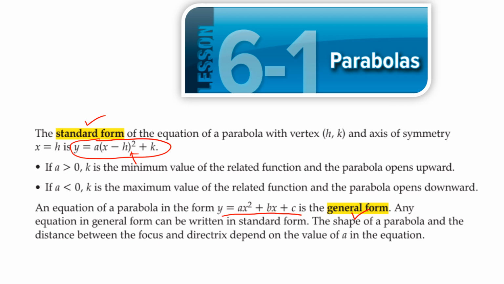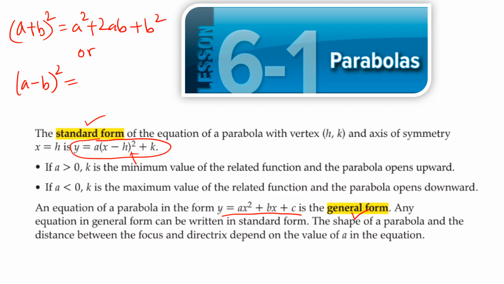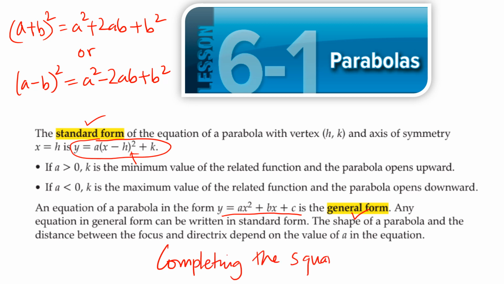The method we are going to use is a little bit of algebra, which is the (a plus b) whole square identity, a squared plus 2ab plus b squared, or sometimes we also use the minus sign. So only the middle term changes sign. Also, we will use the method called completing the square to convert from general to standard form.